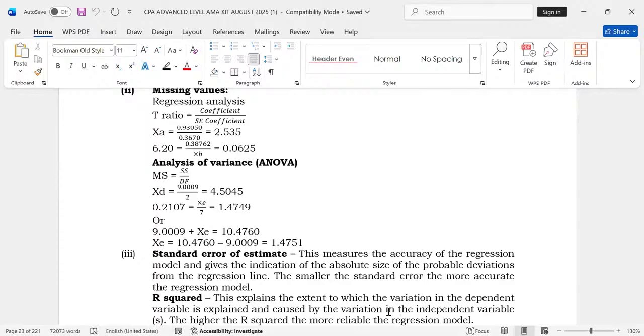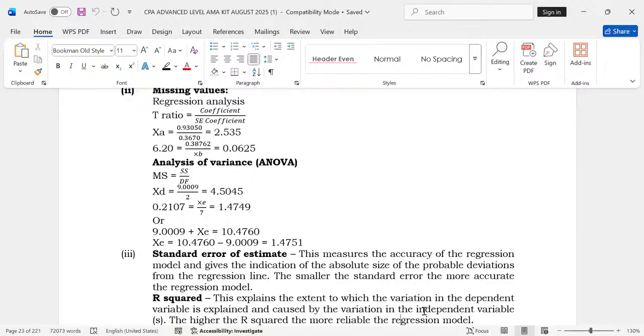I'll repeat. This explains the extent to which the variation in the dependent variable is explained and caused by the variation in the independent variables.